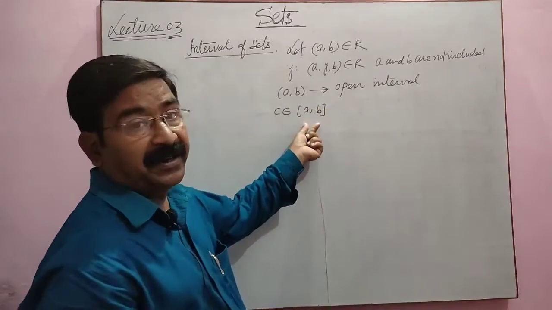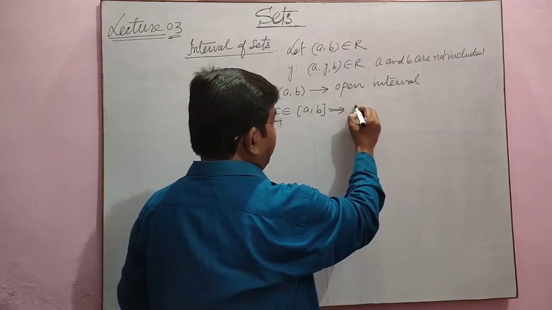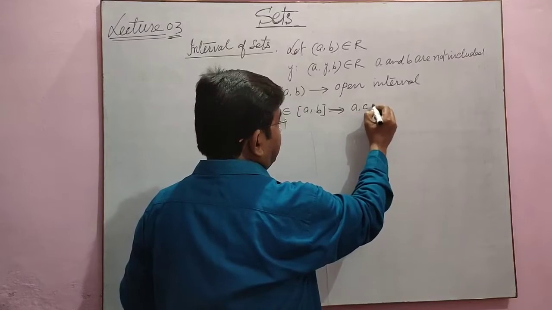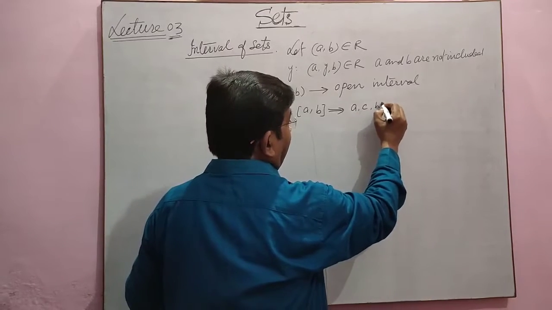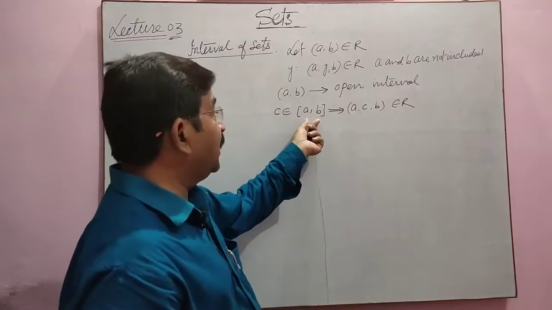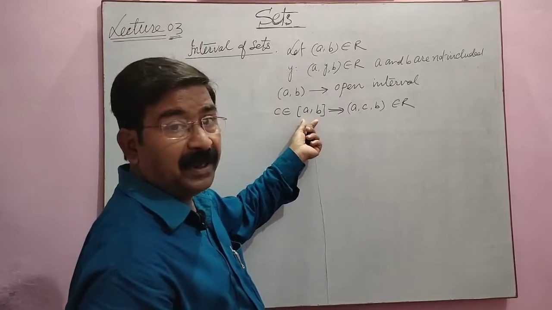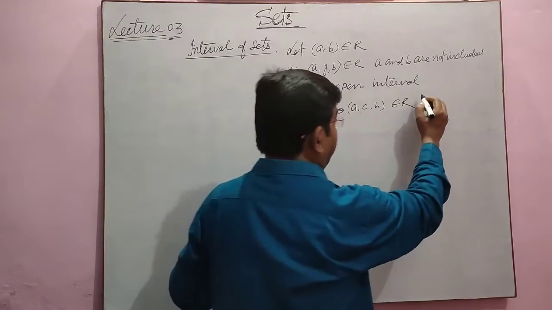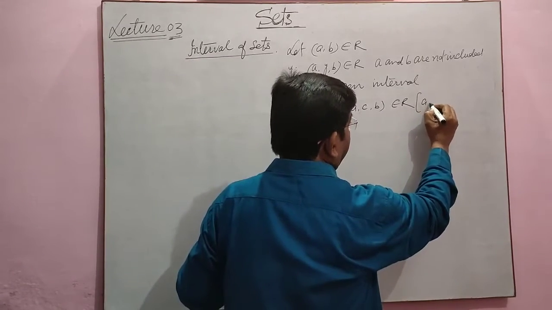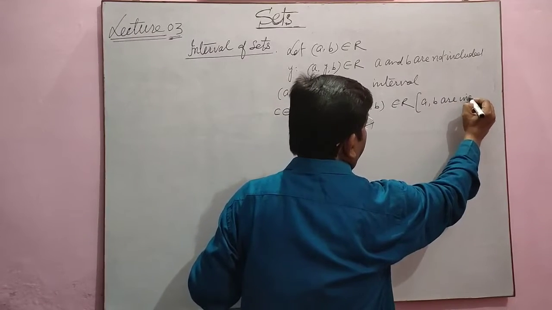Now in case, suppose c belongs to [A, B], this square bracket means c lies between A and B, and these belong to R, means both A and B are included.